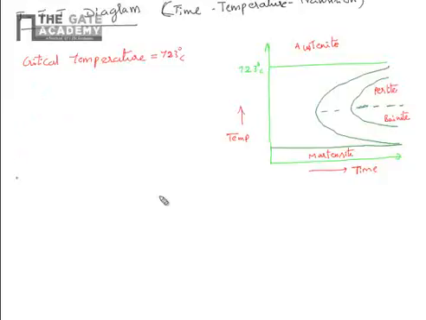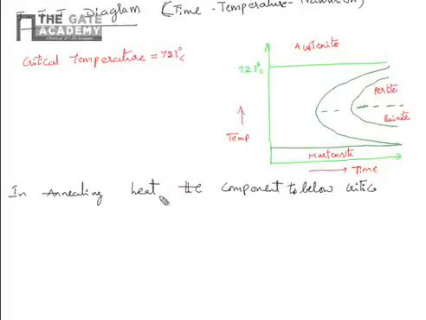So in annealing, heat the component to below critical temperature, that means below 723 degrees centigrade, and cool it very slowly, which is also called furnace cooling.